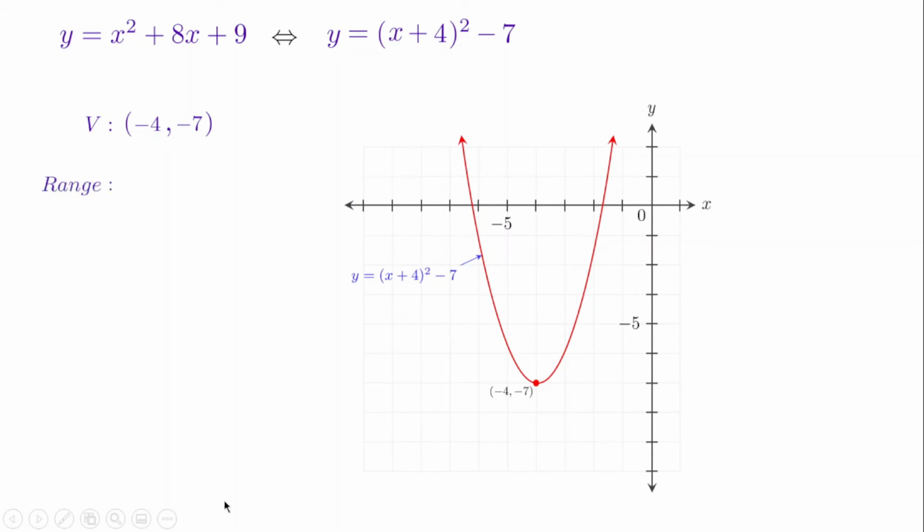Okay, so another characteristic of the graph or of the function is the range. When we say range, it simply means all possible values for y.